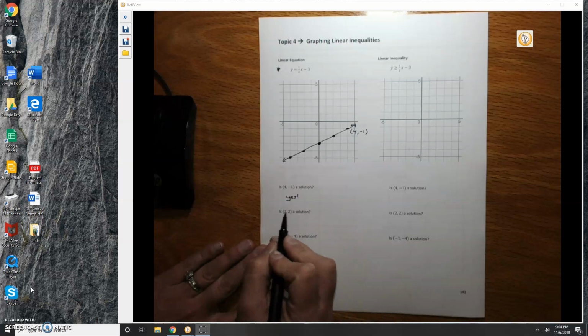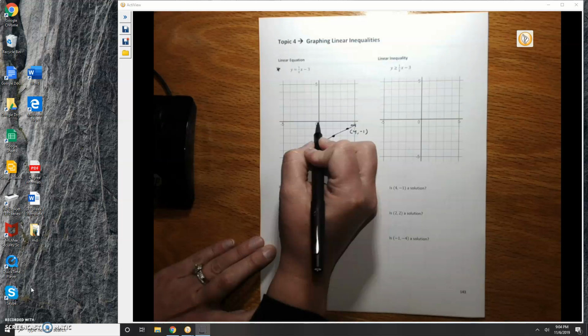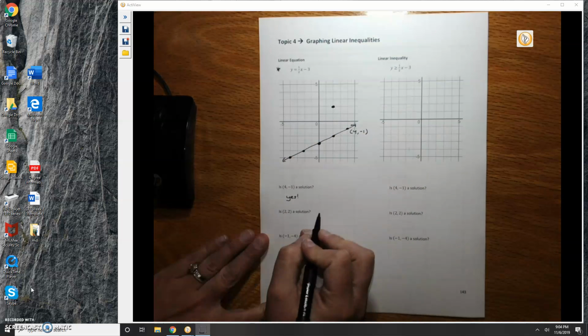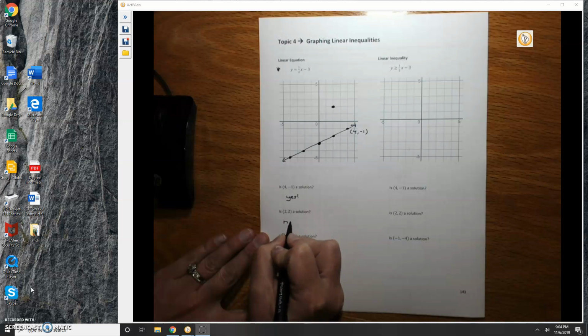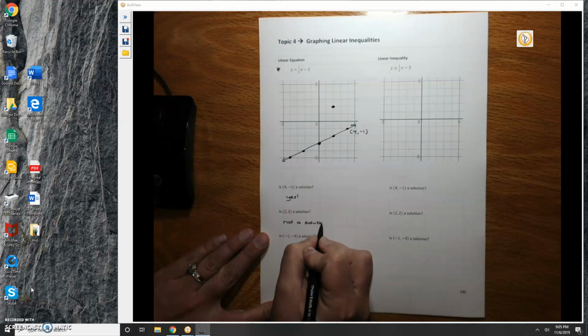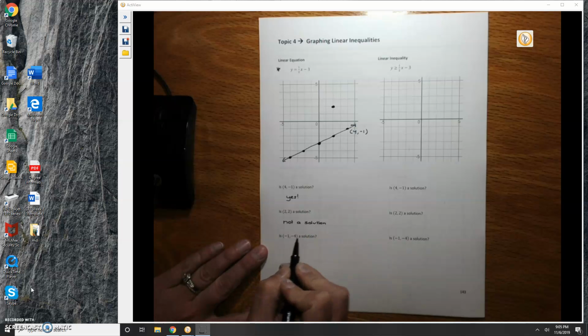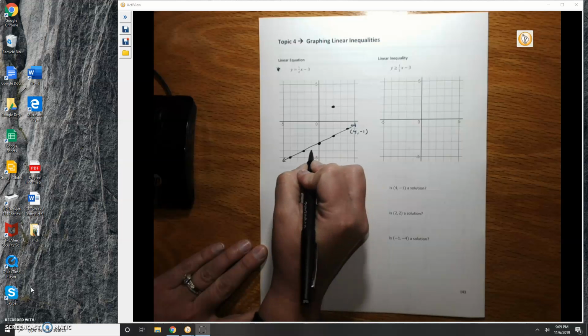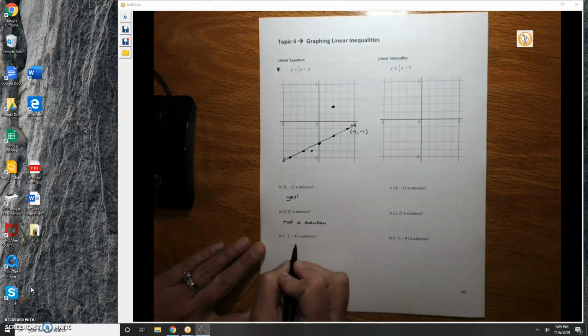Now if we look at this point, 2, 2, right 2, up 2, that is off. So this is not a solution. And finally, -1, -4, 1, 2, 3, 4. This is also not a solution.